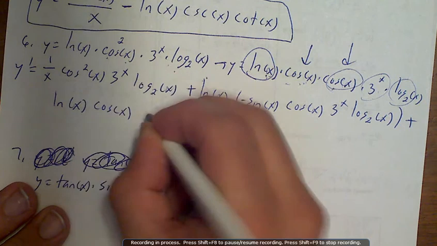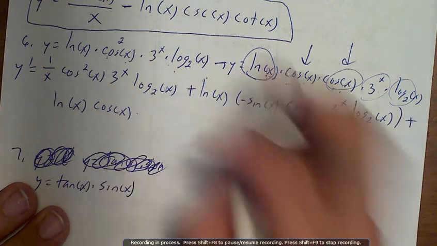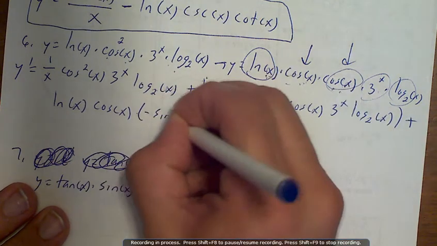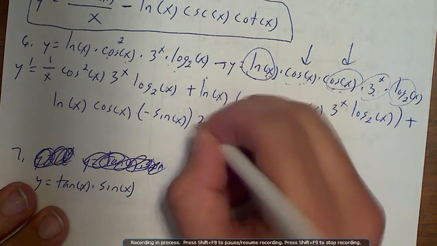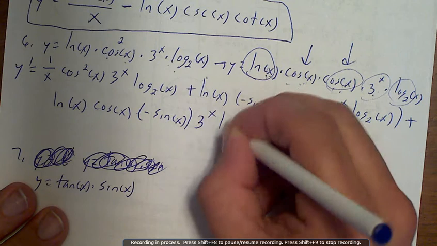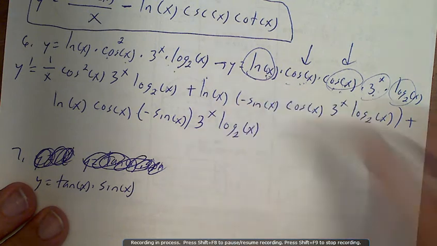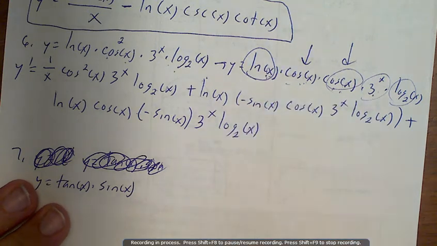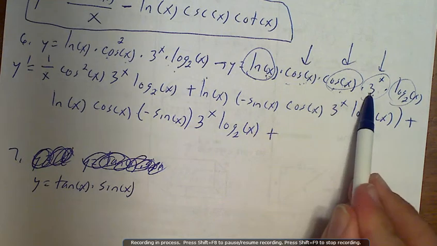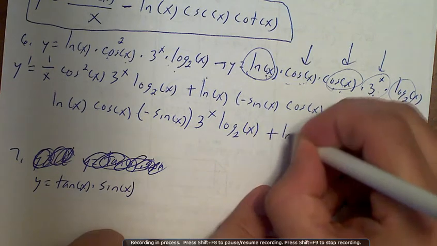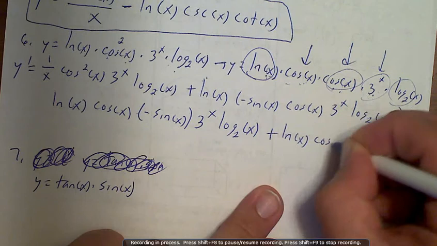Plus, now derivative of 3 to the x. So I'm going to leave the rest alone, but just do derivative of this one. So I have natural log, cosine squared, 3 to the x. So there's my derivative, log base 2 of x.